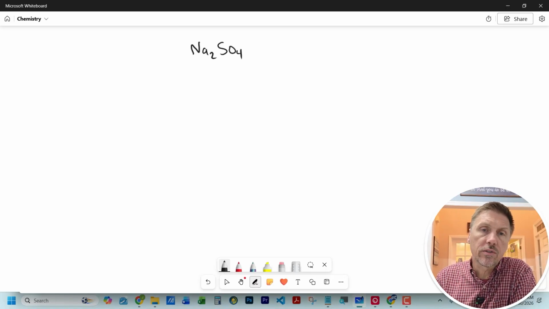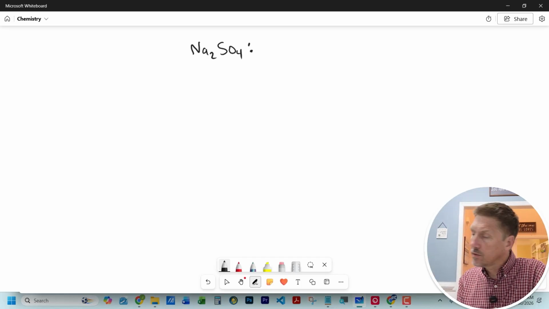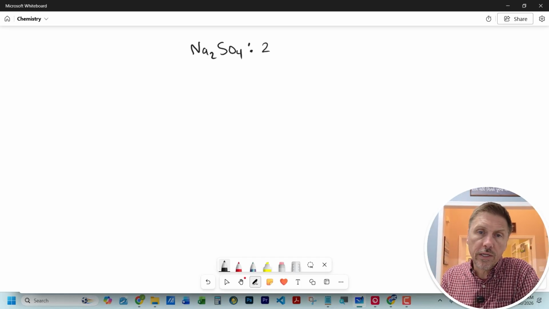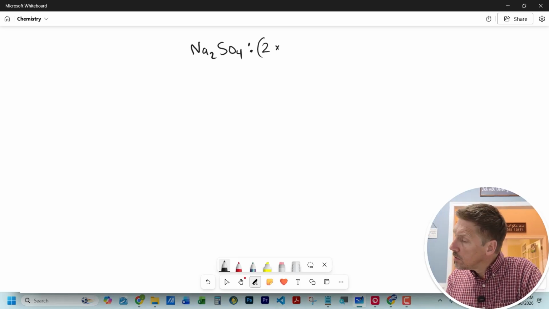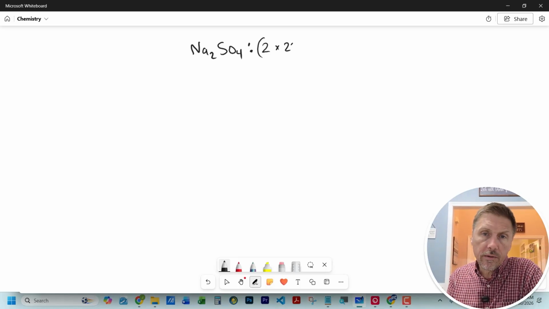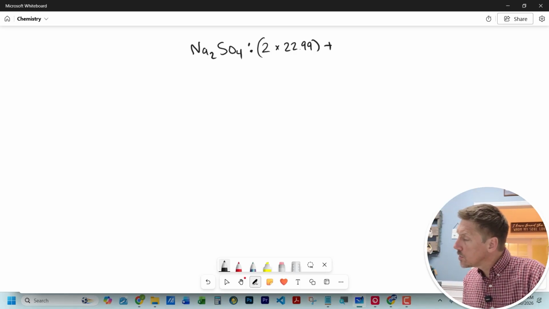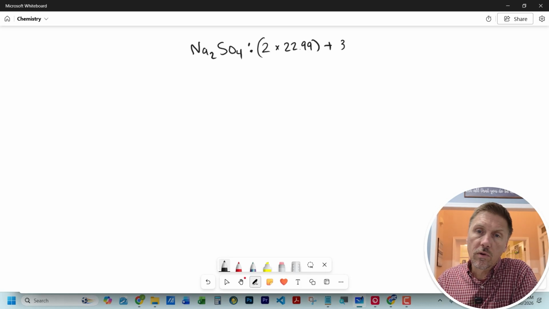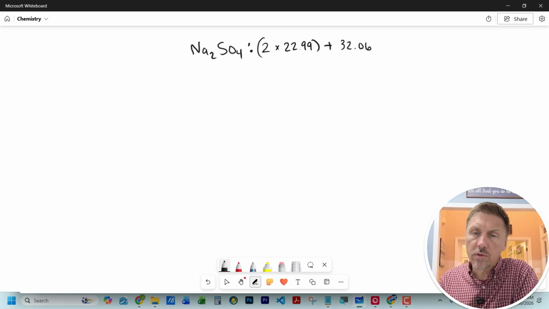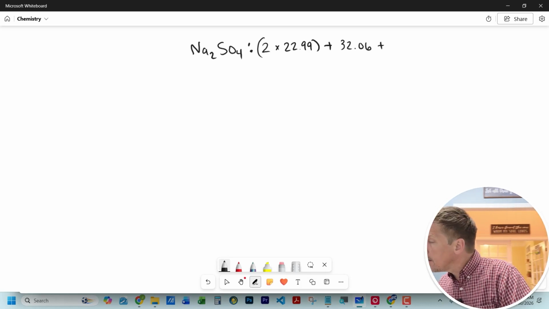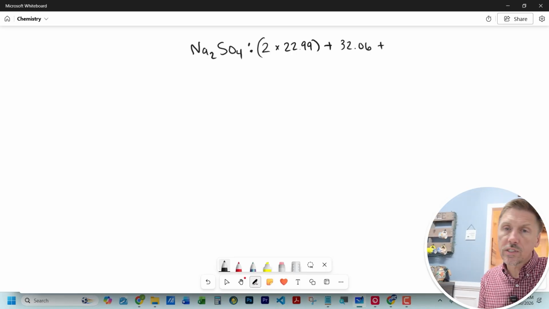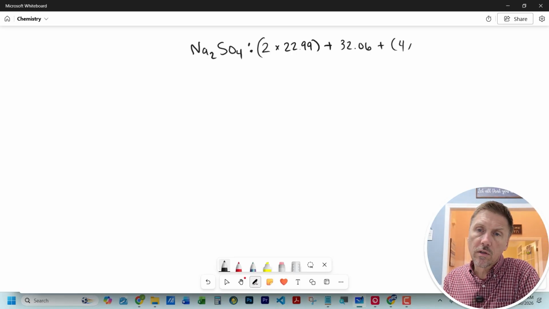So for Na2SO4, looking at the periodic table, since we have 2 Na's, that's going to be 2 times 22.99 AMU. That's plus the atomic mass of sulfur, which is 32.06 AMU. And then finally 4 times 16 for the oxygen.